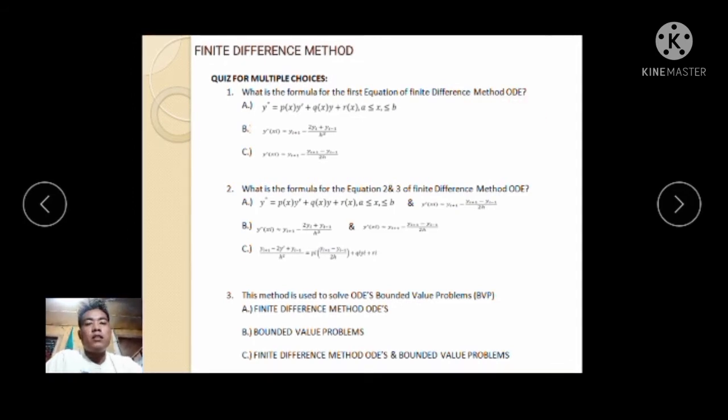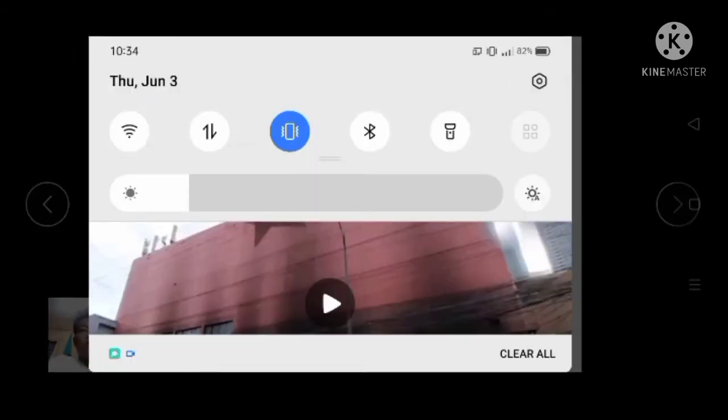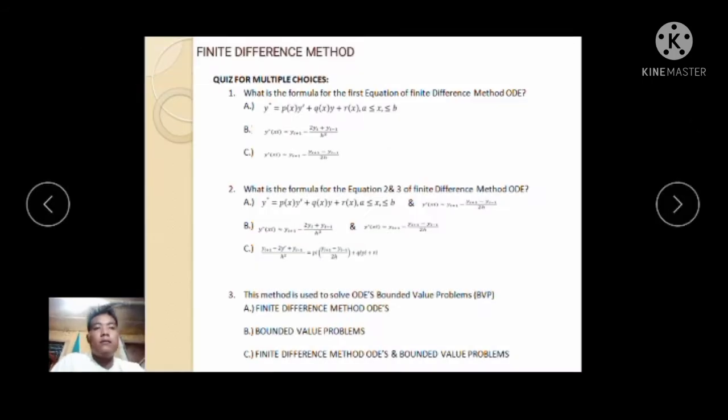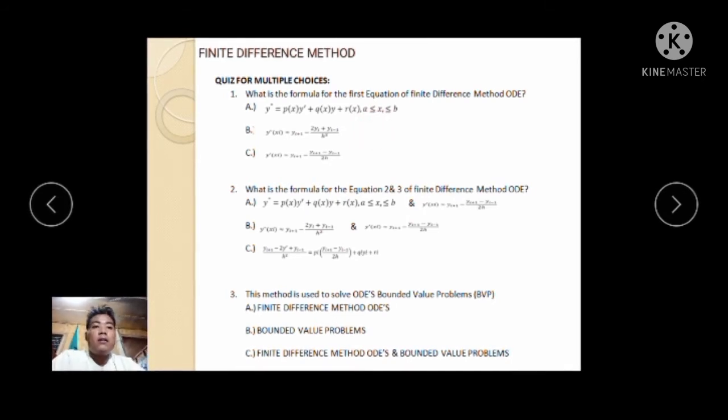The choices are A, B, and C. Choice B is y double prime equals p of x y prime plus q of x y plus r of x, a less than x less than b.